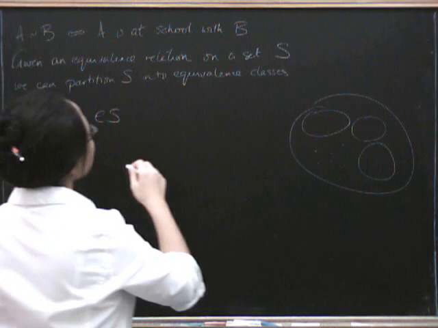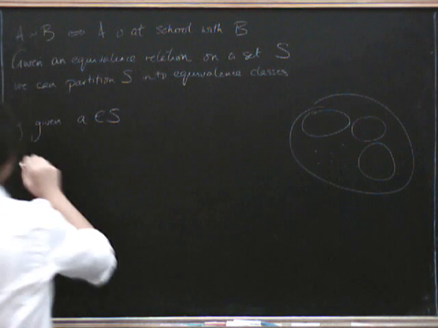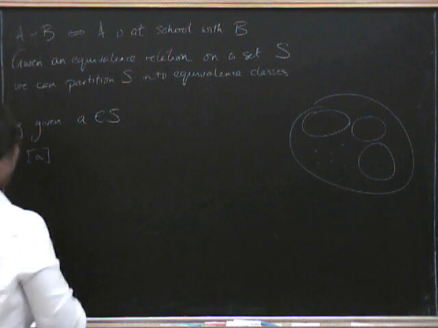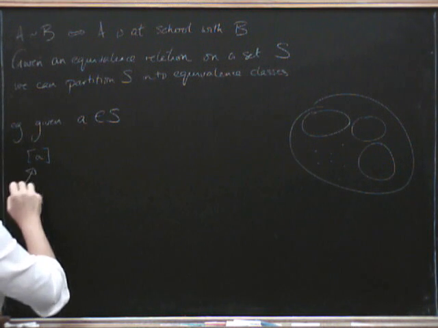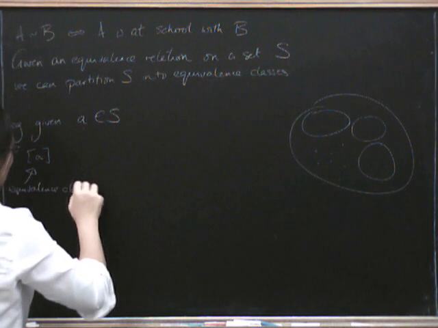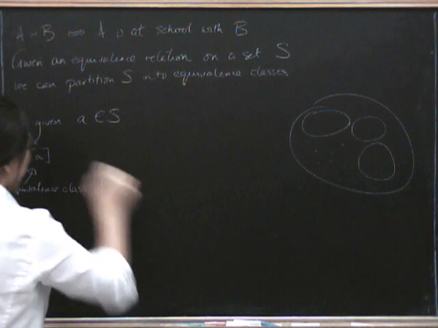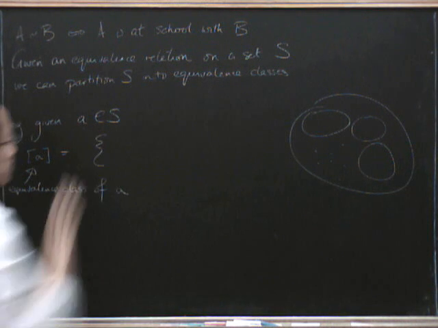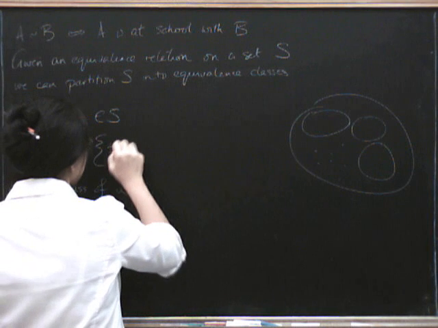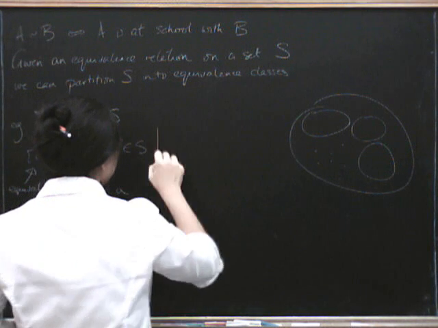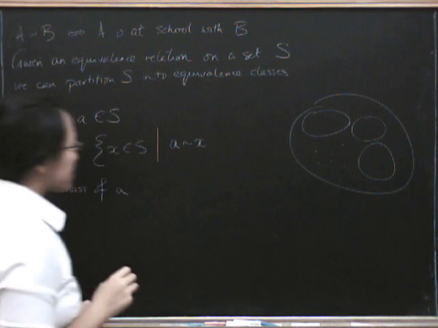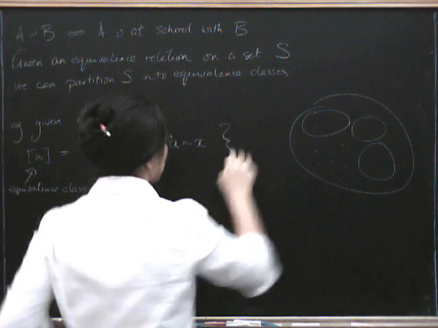Okay, so given A in S, the equivalence class, and we often write it as A with square brackets around it, that's the equivalence class of A, is the set of all elements X of S such that A is related to X under this equivalence relation.